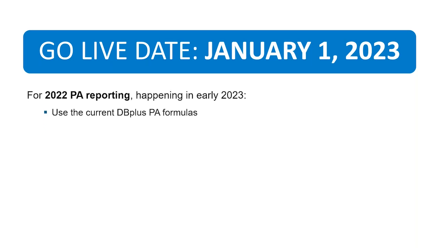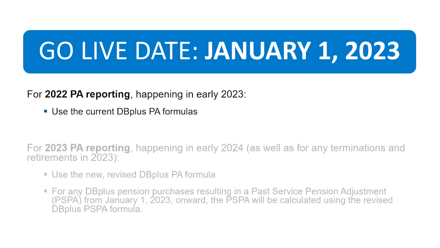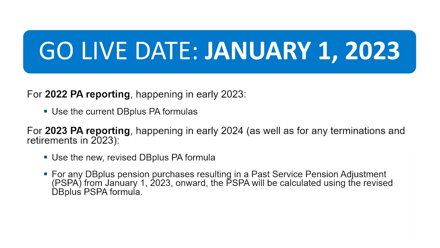So what does this mean for employers? This means that for 2022 PA reporting, happening in early 2023, employers will use the current DBplus PA formula. However, for 2023 PA reporting happening in early 2024, as well as for any terminations and retirements that happen over the course of 2023 and beyond, the new formula will be used.